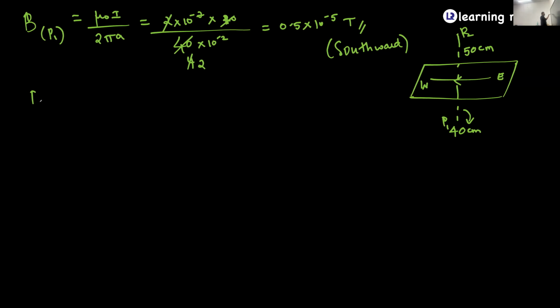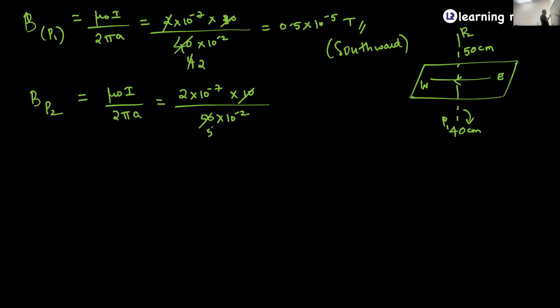So magnetic field at point 2 is equal to mu naught I divided by 2 pi into A, which will be 2 into 10 power minus 7 into how much is the value of current? It is going to be 10 divided by A is 50 into 10 power minus 2. So this will cancel this 5 times, right? So 10 power minus 2, this will go 10 power minus 5 times.